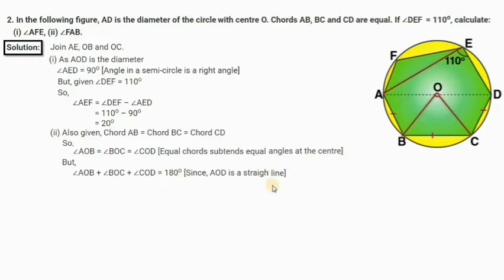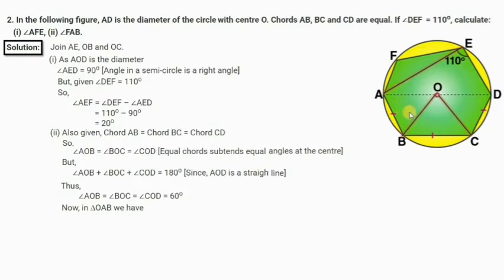All right, okay, so since they are equal, all of them are equal to each other. So that's why the value of each has to be 60, 60 and 60, because if they are 60, 60 and 60, then only we'll get 180 degree. So the value of each angle turns out to be how much? 60 degree.